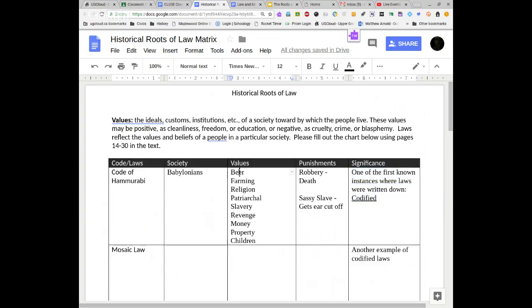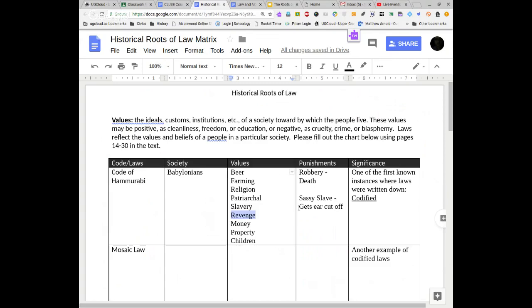The values you can better find in the textbook. So it talks about the value of beer in the textbook. It talks about the value of them being an agricultural society. Also, because of an eye for an eye, you had the value of revenge. And you also have the value of children. So as a class, we can go through and do another example together.